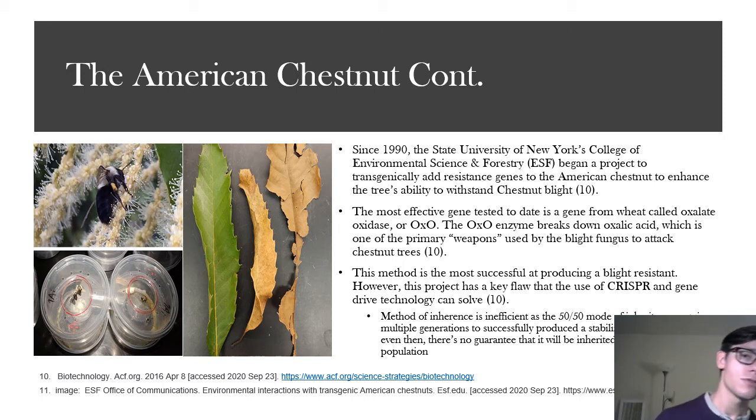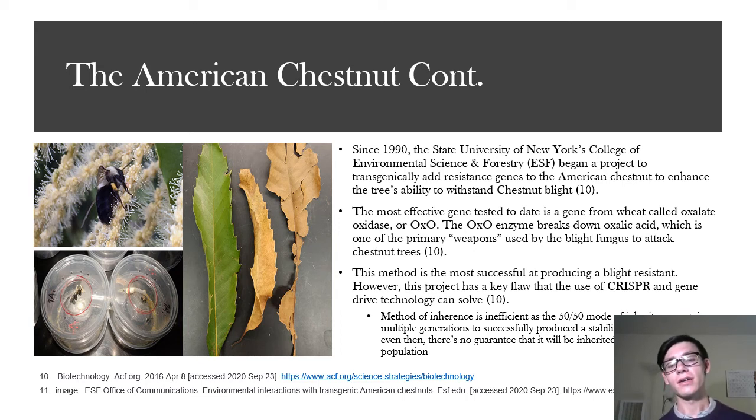So they actually proved successful at finding a very effective gene to mediate resistance to chestnut blight. The gene was called OXO. It came from a gene found in yeast.